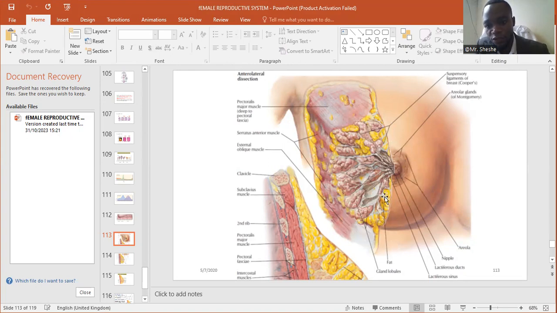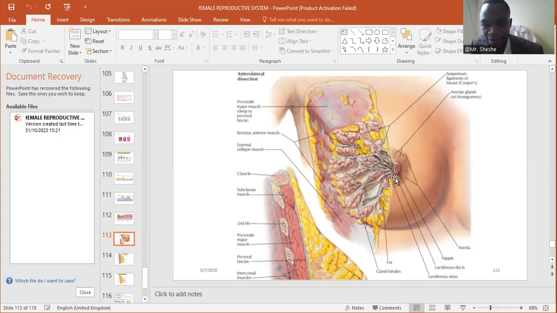In addition, you see that the breast has a nipple. This is the centralmost part of the breast. That is a nipple, and that is the protruding part of the breast, or we can call it the anteriormost part of the breast.